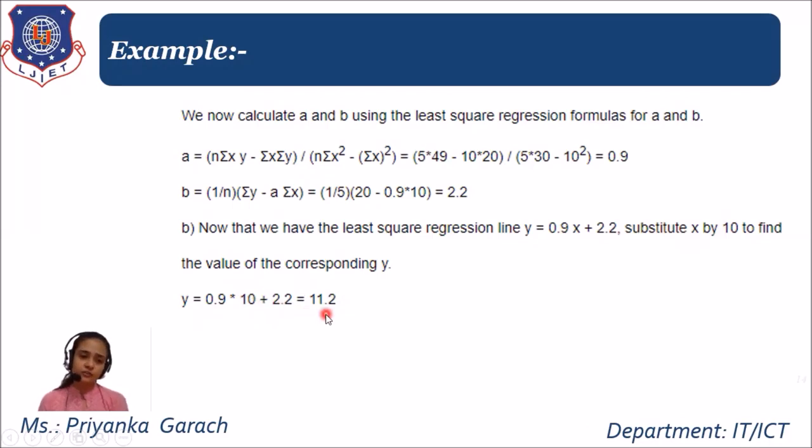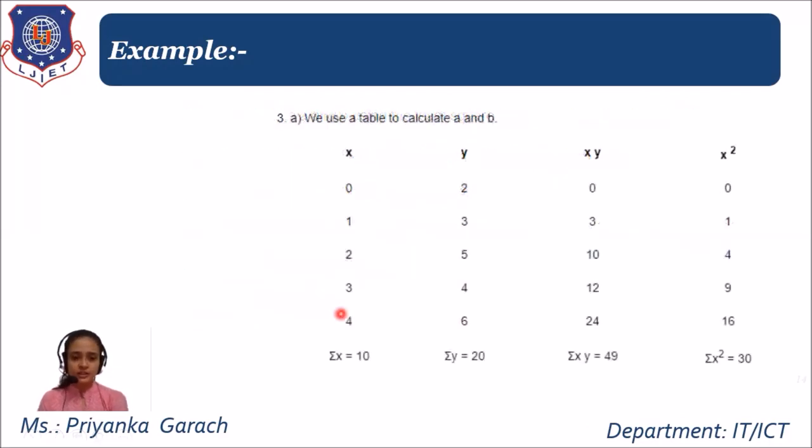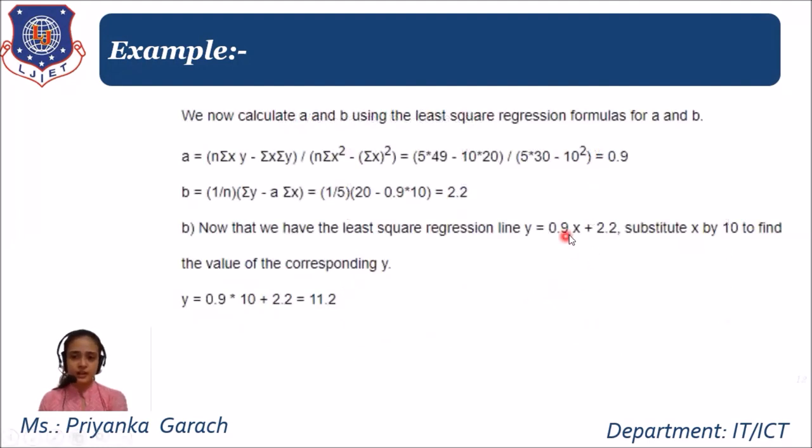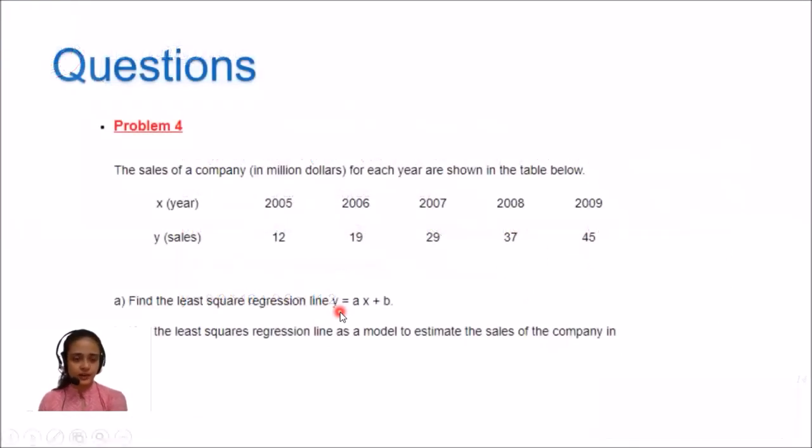So I'm getting the value of y as 11.2. So in the equation of the regression line, just put the value of x equals 10, and you will get the value of y. Like this only you can solve all these questions.